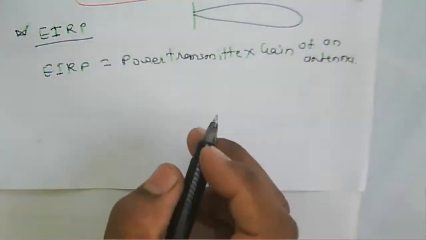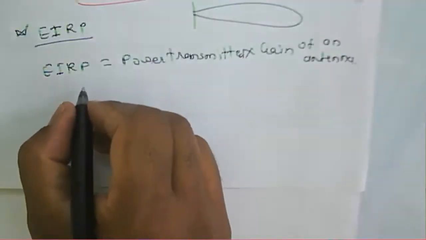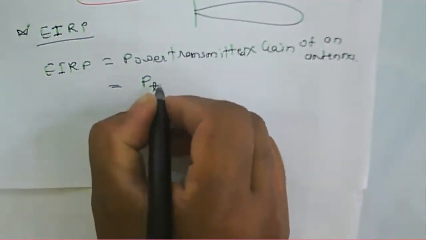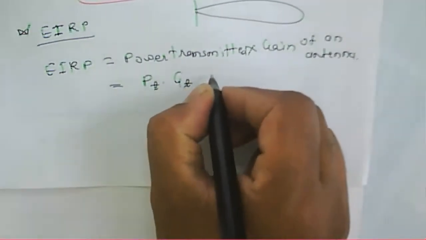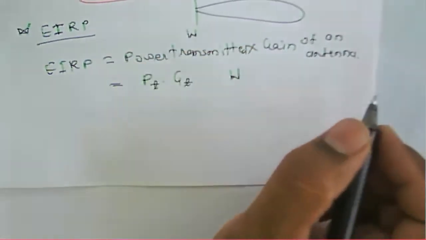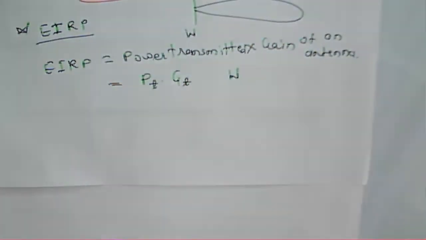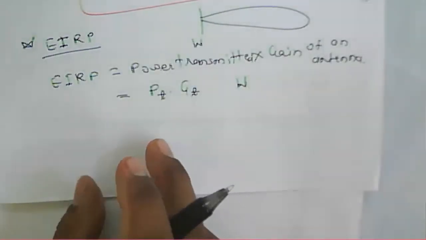So power transmitted into the gain of an antenna is PT into GT, and that is in terms of watts here. So gain is not just a term here. It is nothing but PT into GT here.